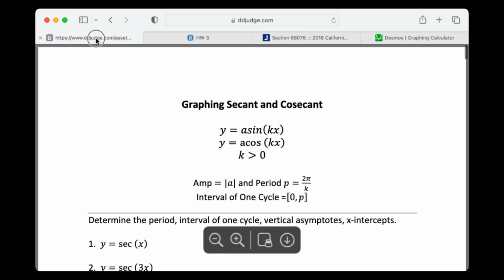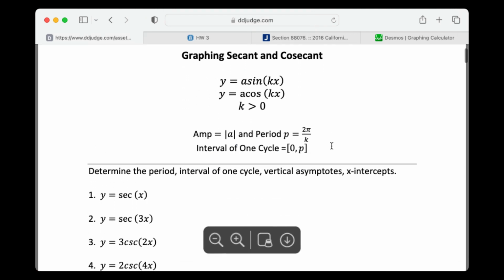Okay, so that is on the website. I'm looking at it now.